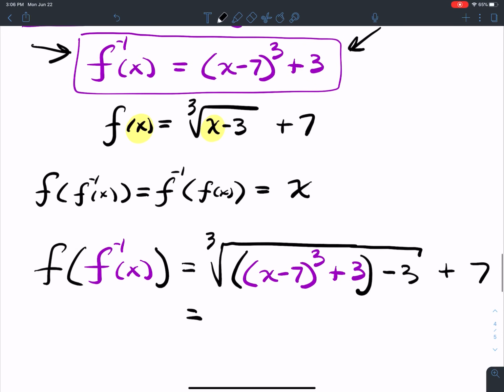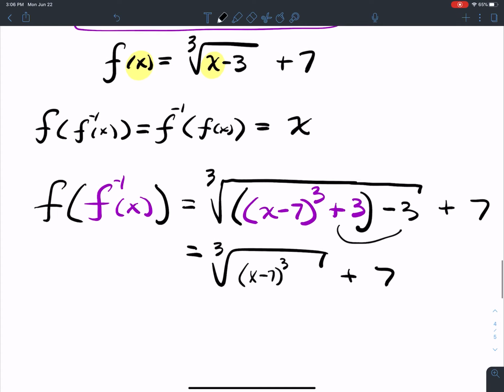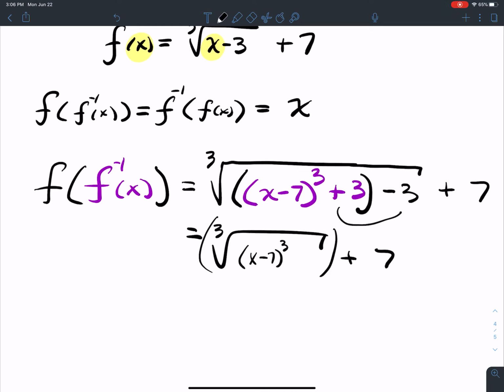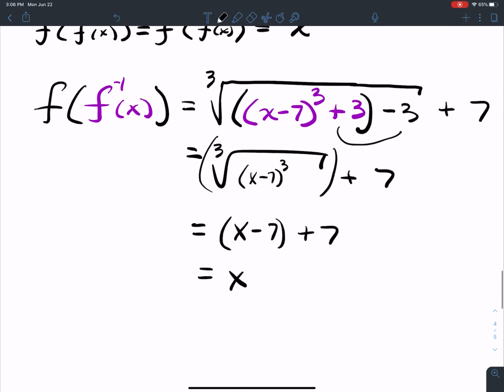Then when I simplify, this gets me the cube root of (x minus 7) cubed. Plus 3 minus 3 cancels, so that's just 0, and then plus 7. The cube root of the cube just undoes itself, so that's x minus 7 plus 7, and that just gets me x.